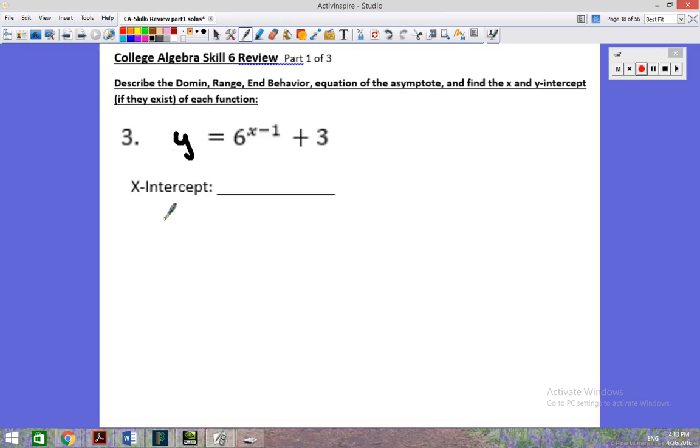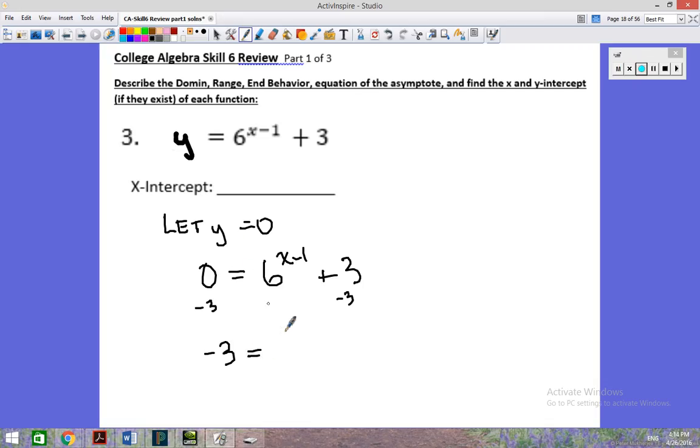Algebraically, to find the x-intercept, you let y equal 0. So the left-hand side of this equation is 0. We have one equation and one unknown. We can try to solve this equation for x. We subtract 3 from both sides. The resulting equation will have the same solution set as the original, but we've got a problem here.